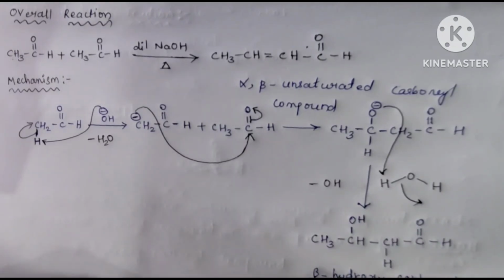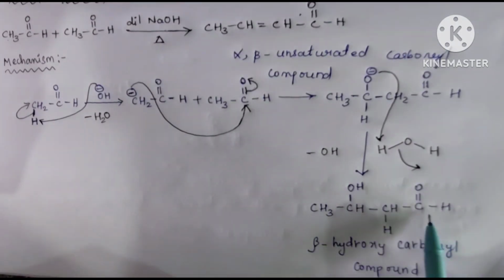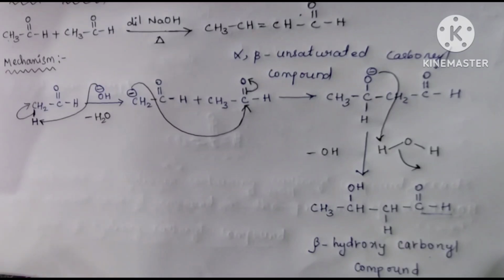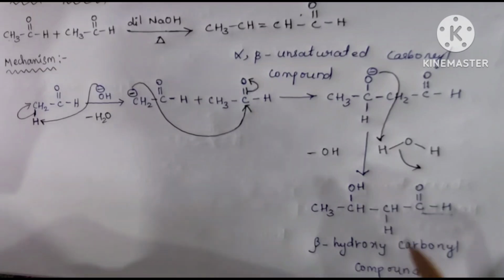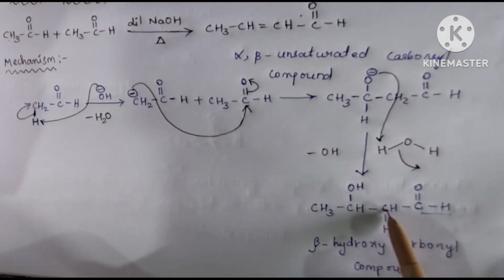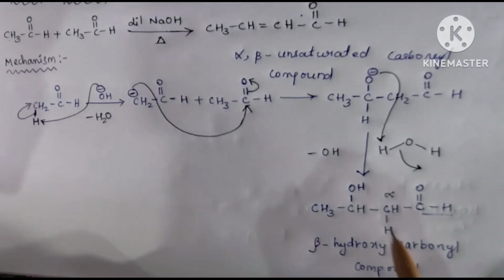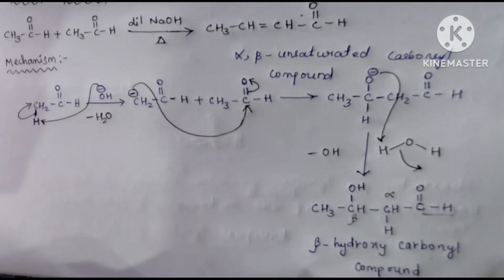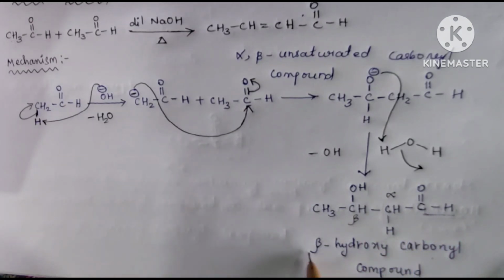Here we have the carbonyl group and a hydroxyl group. The carbon connected to the carbonyl carbon is the alpha carbon, and the next carbon is the beta carbon. The hydroxyl group is connected to the beta carbon, and it also has a carbonyl group. That's why it is called a beta hydroxy carbonyl compound.